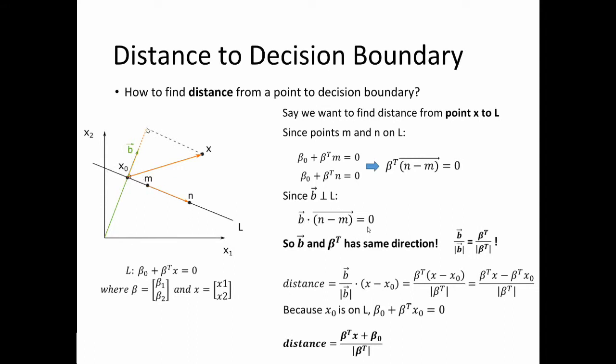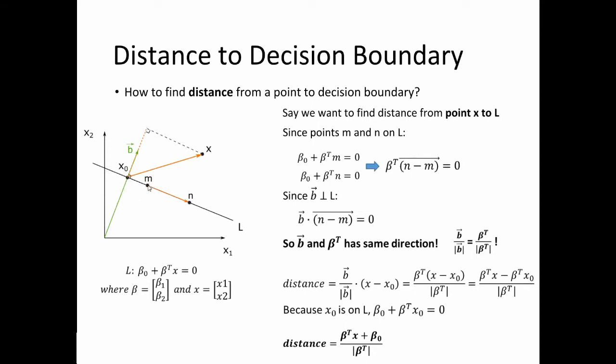If we look at these two expressions, we should realize that the vector beta transpose and vector B are both perpendicular to MN. So in other words, they can have the same direction. Actually, beta transpose may have the same direction as B or the exact opposite direction as B, right? So what I'm saying is beta transpose can be either this way or this way.